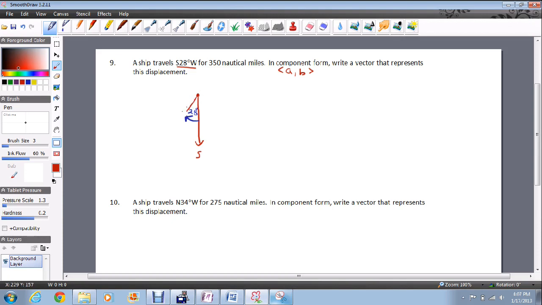And it tells us the length of this line, or how far this ship has traveled, is 350 nautical miles. So here's the general picture. But before we can write it in component form, which is pretty easy, you have to think about this on an entire graph.